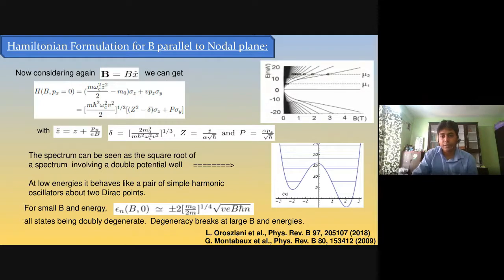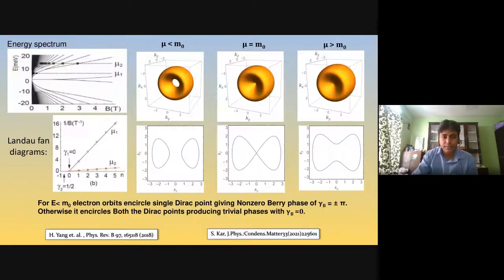Okay, and then if you calculate the Berry phases, if you do the Landau fan diagrams just like before and get the intercepts, they will indicate Berry phases which are non-zero at very small energies, but will be 0 at large energies, above the position where this breaking of the degeneracy occurs.